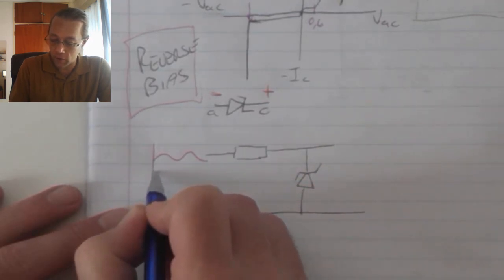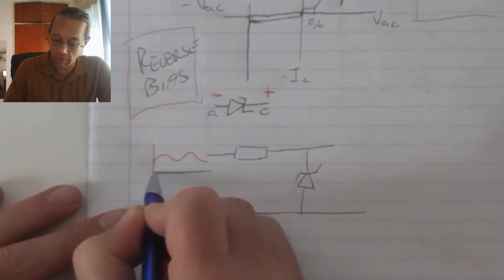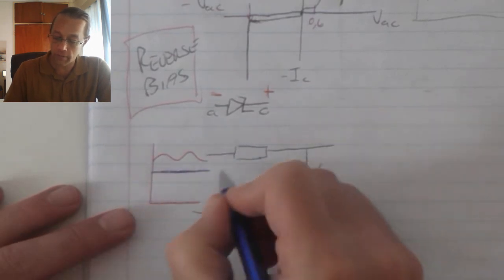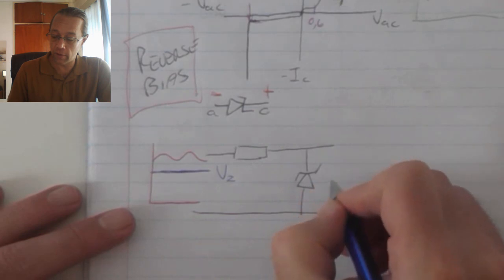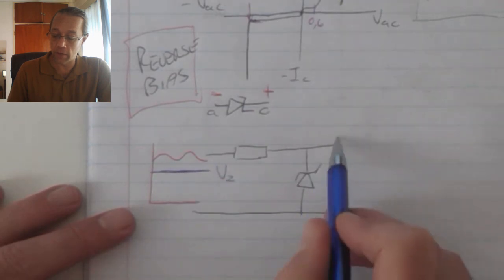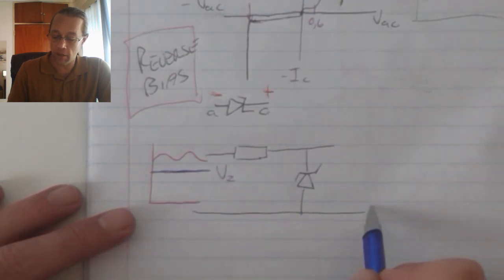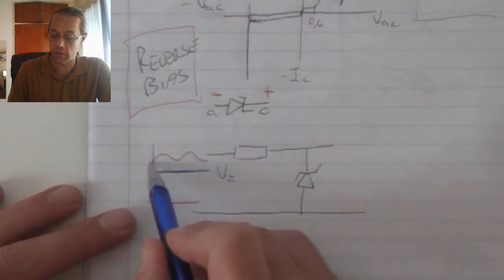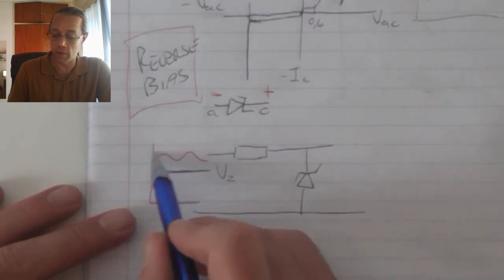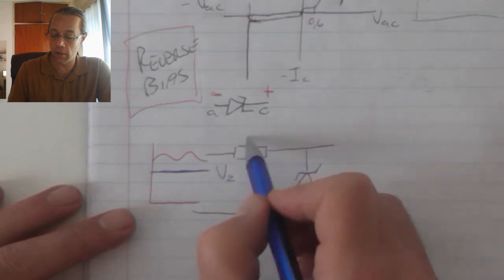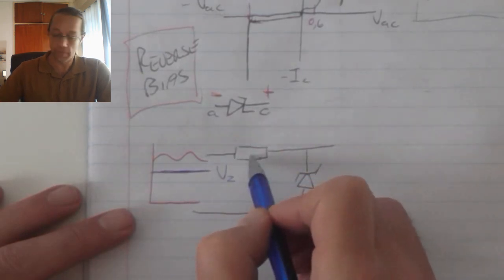So what happens is the Zener diode will generate a constant voltage across itself that serves as my output over there, and then the remainder of the voltage that I apply to the circuit will then be seen on my resistor.